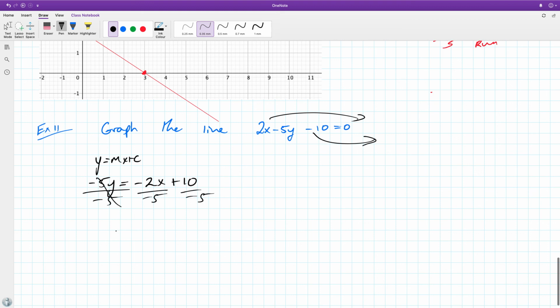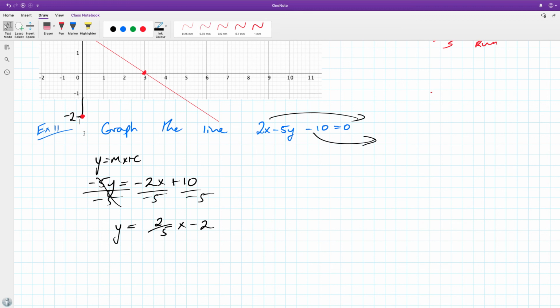They cancel. Y is equal to minus 2 over minus 5, which is 2 over 5x, plus 10 divided by minus 5, which is minus 2. So we know that's going to be one of our points, don't we? So there's one of our points on minus 2.